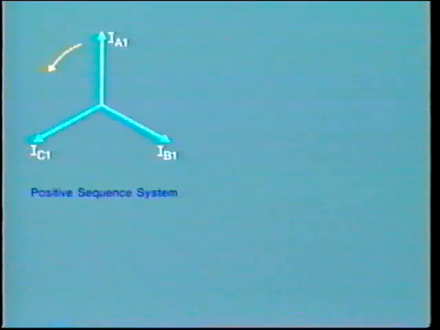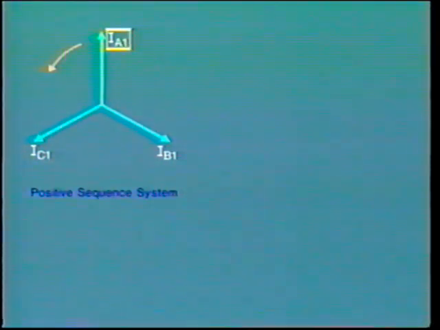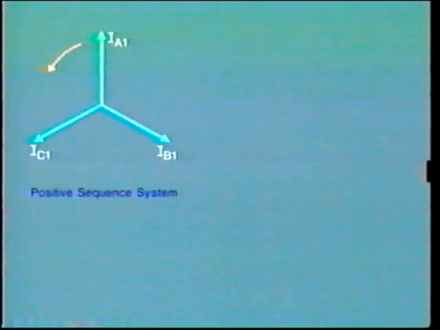direction. For example, look at this phasor representation of positive sequence currents. It shows the balanced current in each phase A, B, and C, with the subscript 1 indicating positive sequence. The current IC1 is equal in magnitude to IA1, and its position is indicated by the operator A, that is 120 degrees counterclockwise to IA1.